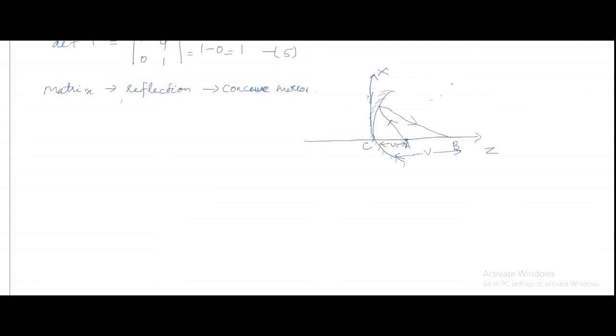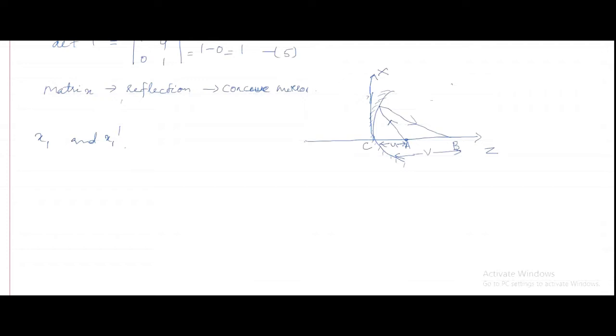Let the coordinates of the ray be x1 and x1 dash before suffering reflection from a mirror of radius of curvature r. We have to find out the coordinates of the ray just after reflection.